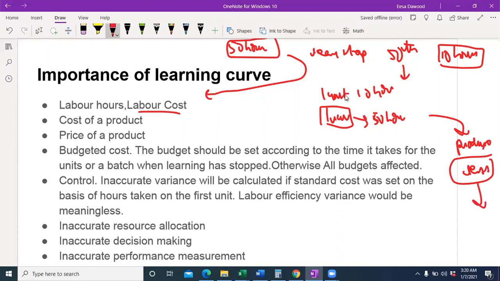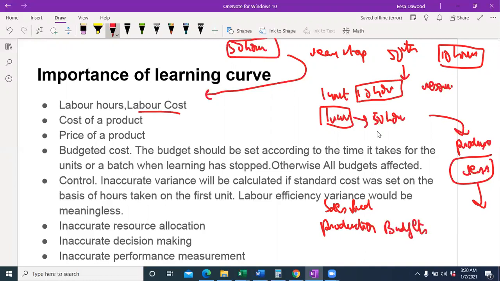But now, after I've produced 1,000 units, I know the time taken has stopped and the labor is efficient enough to produce a unit in 10 hours. So definitely I'll do all the planning on that basis, because from the sales budget I need to produce my production budget, and from the production budget all other budgets get affected.